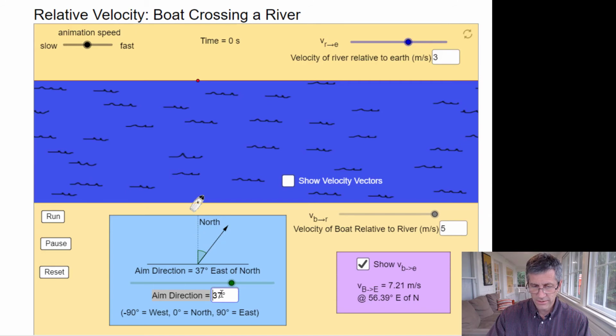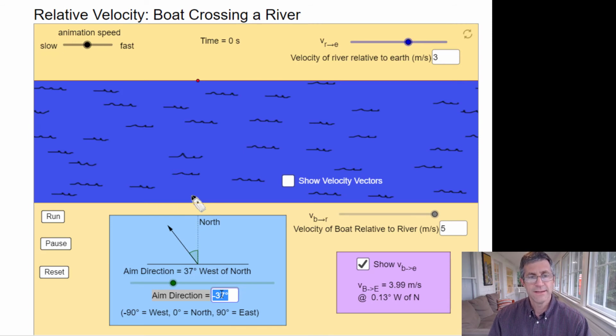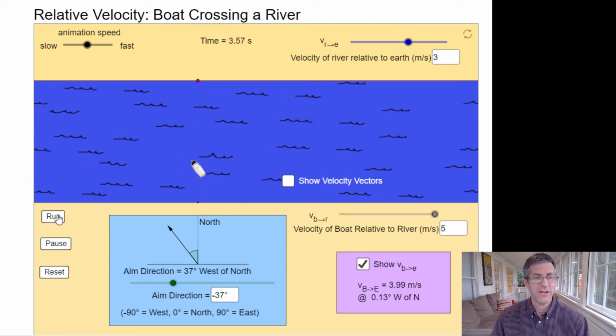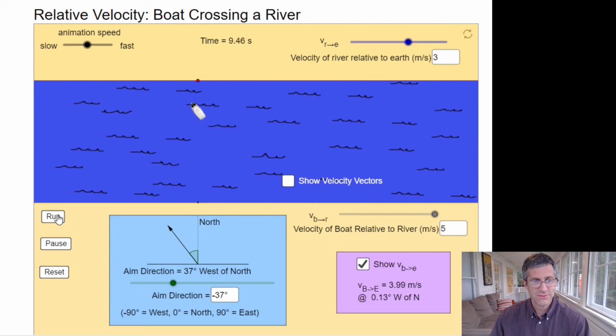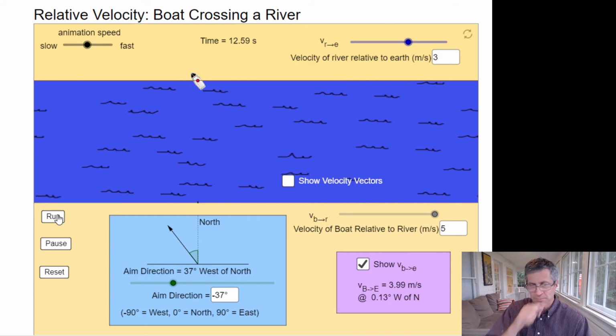To make this work, I want to send the boat in the negative direction, so it's going the opposite direction of the river. So I'm making negative 37 degrees in this case. Then my velocity of the boat is going against the velocity of the river, and I'm hoping this is going to go right across the river. There it goes. Whew, made it.